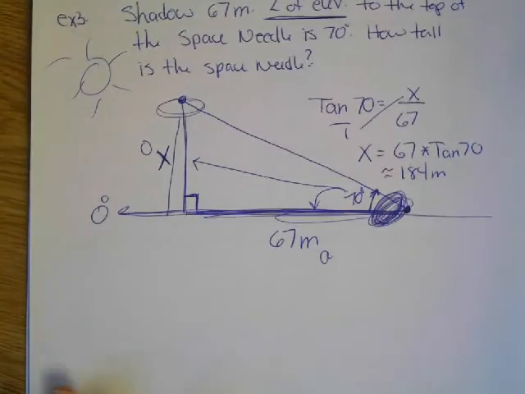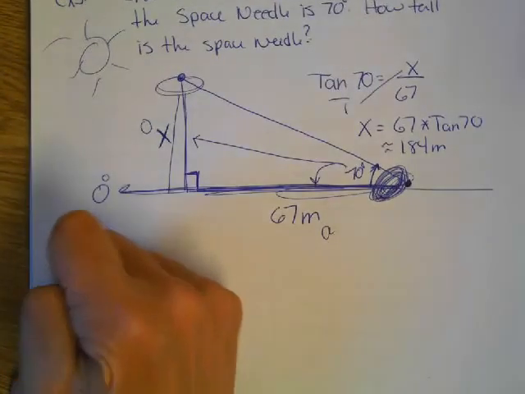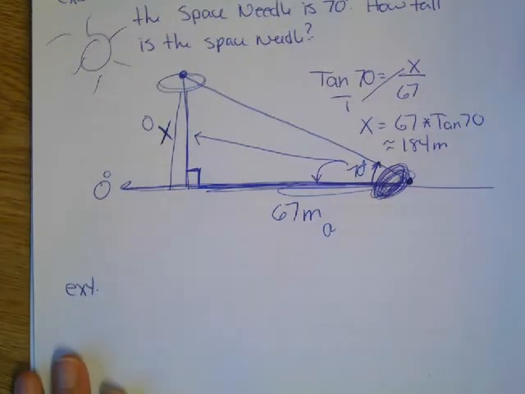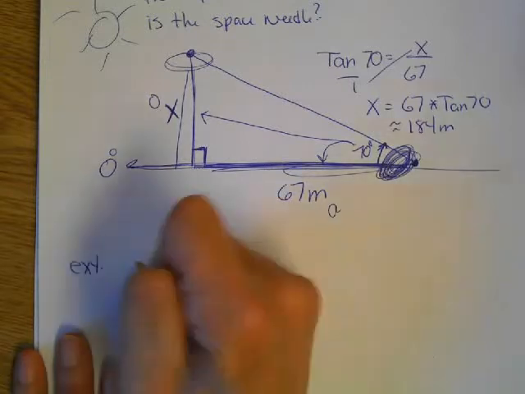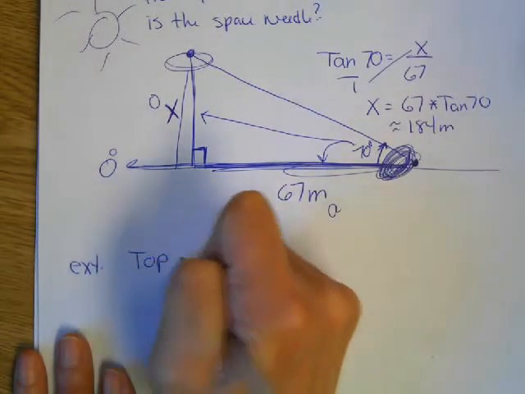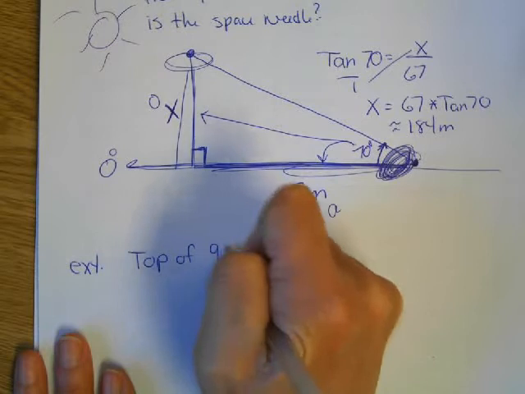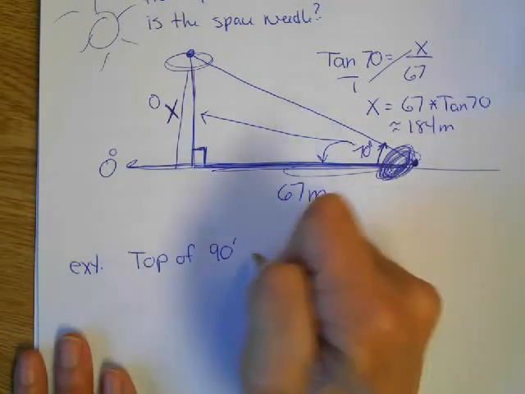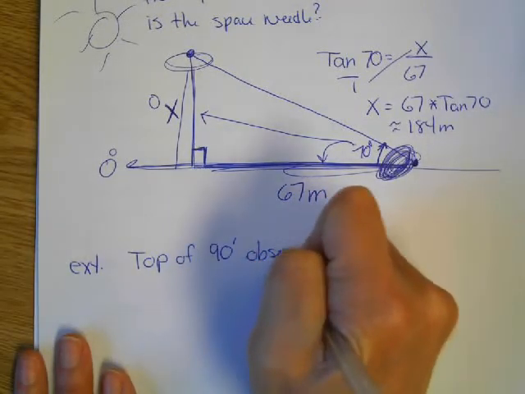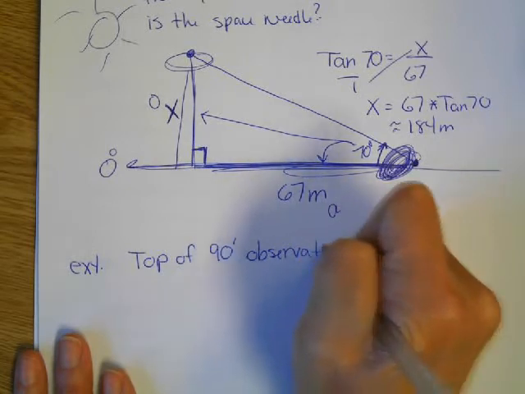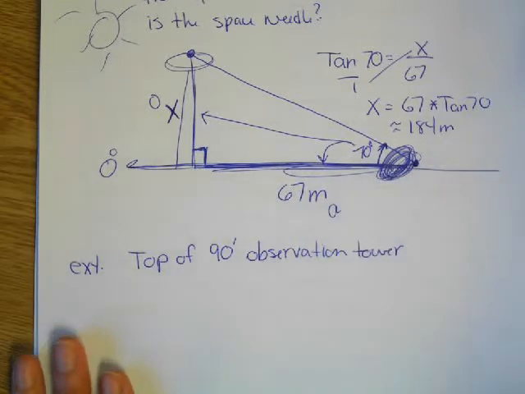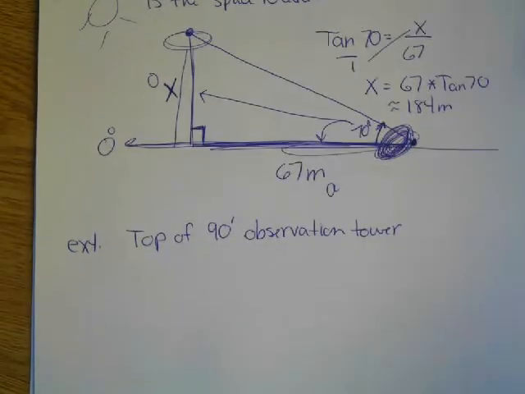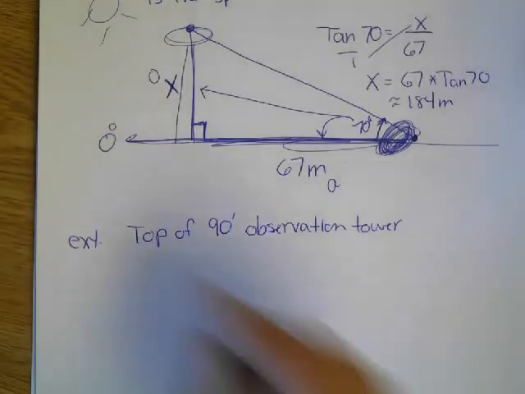Okay, just one more for you. Number 4. Let's see, a forest ranger is standing on top of a 90-foot observation tower. So during fire season, there's somebody on top of the observation tower looking for fires to start up.